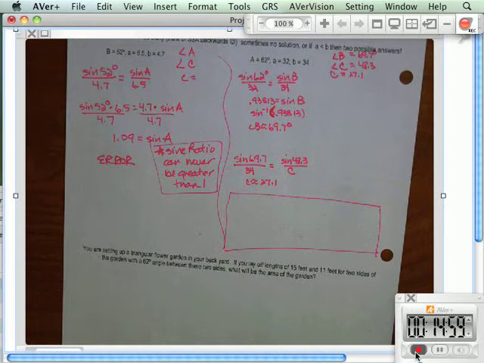If I find the supplement of angle B, what does supplement mean? 180 minus 69.7, yes? If I find the supplement and I write it down, 110.3 degrees, could I still have a triangle with these two? It's going to be a real small angle left over, but I can still have a triangle. That tells me that there's two triangles that can be formed with these ratios.